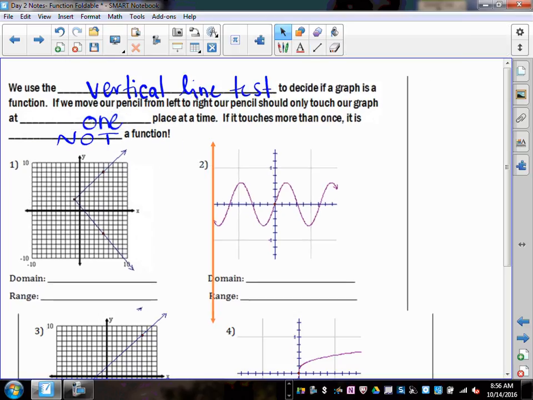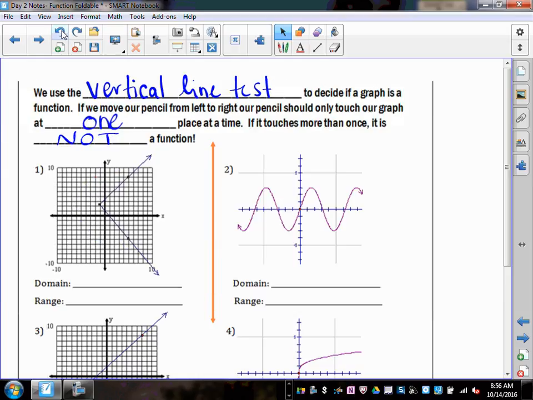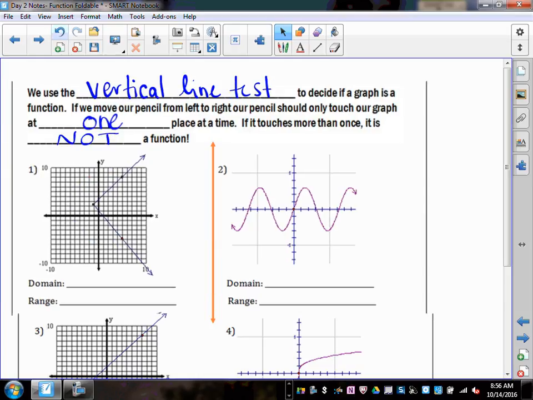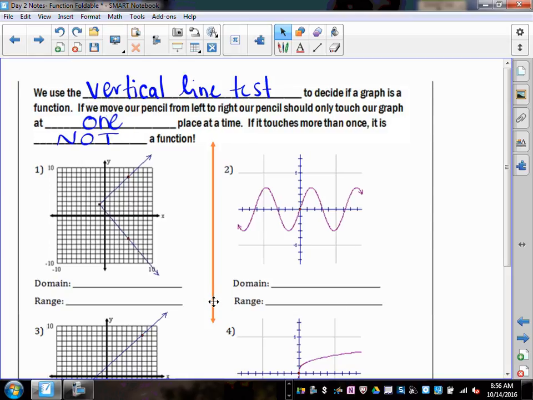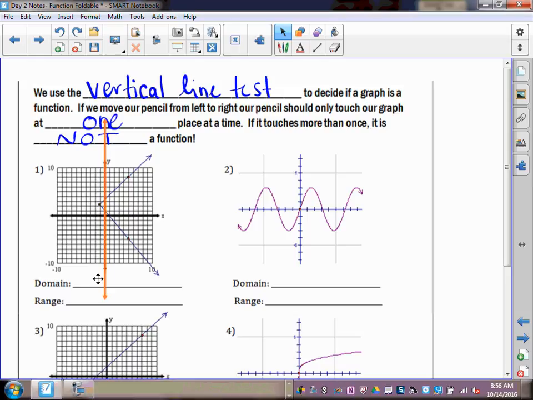So use your pencil. Here we go. I'm going to use my vertical line here. As I go from left to right, it almost immediately fails, right? It's hitting in two different points.